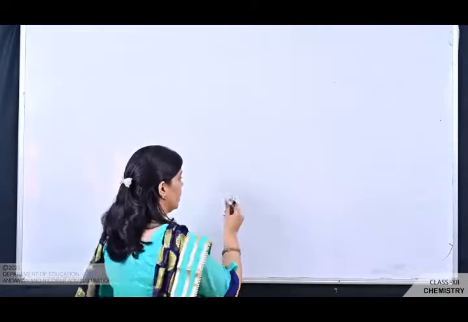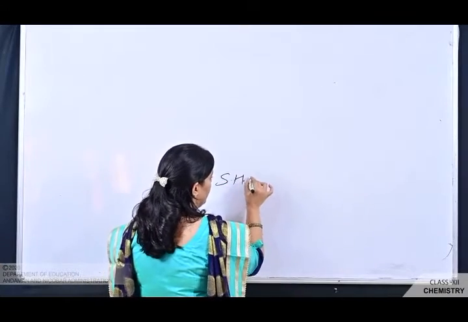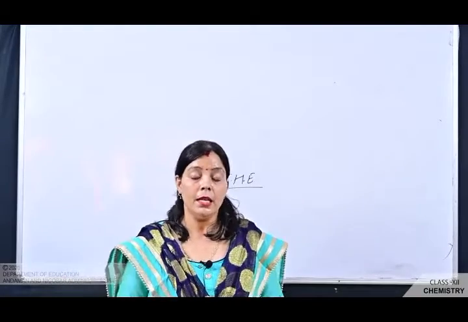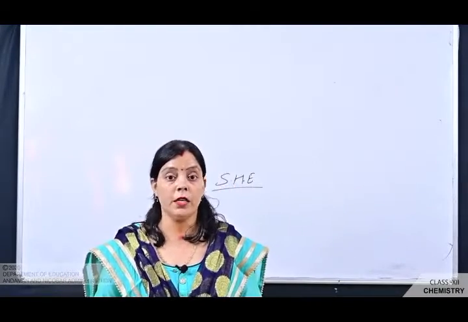But if we arbitrarily choose the potential of one electrode, then we can determine the potential of another half cell. So in order to determine the potential of half cells, a half cell called the standard hydrogen electrode, that is the SHE, is used to determine the electrode potential of the half cell.